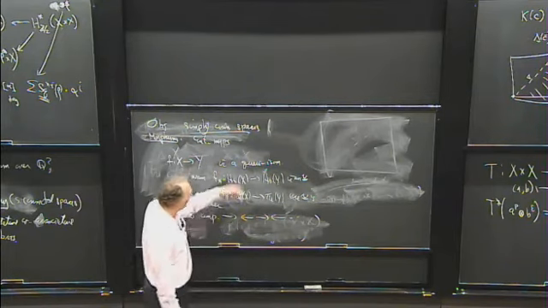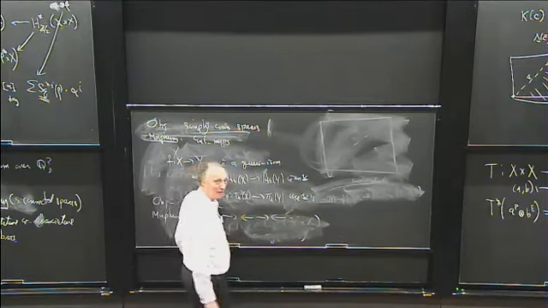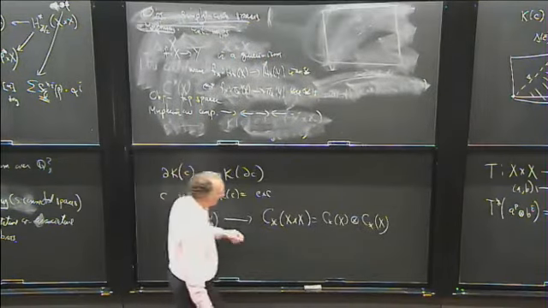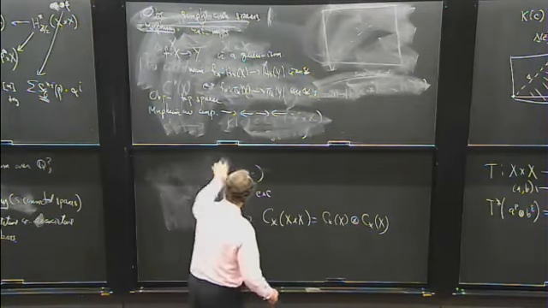As I say, if we were in the homotopy category, these could be homotopy inverses, and you would work up to homotopy. Okay. So that's one way to think about the homotopy category, at least for simply connected spaces.